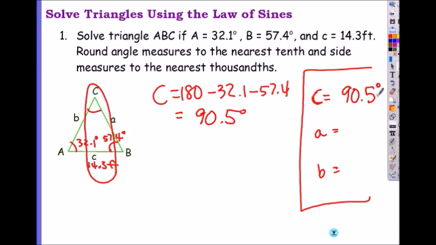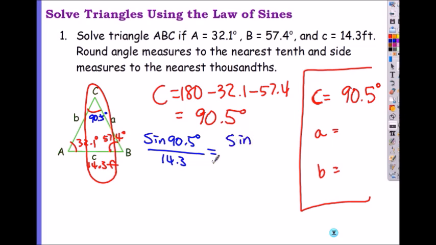And here now, once you have a matching side and angle, you can always use law of sine. And usually law of sine is easier than law of cosine to use, so you'll use law of sine. So now, how do you set it up? Sine of 90.5 degrees over 14.3 equals, you only start with 2 ratios, not all 3 at once. And let's find B first.